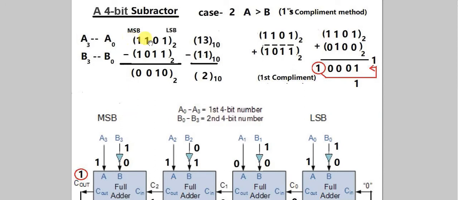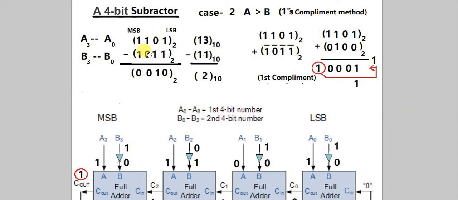In normal subtraction, 1 minus 1 is 0, 0 minus 1 we borrow 1 and get 1, 10 minus 1 is 1, and then 0 and 0. So 10 is the answer in base 2, which in decimal is 2.